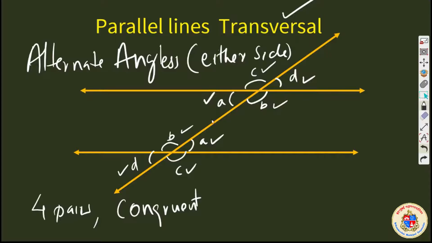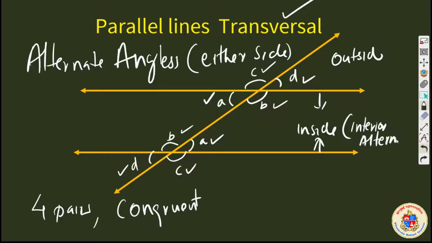Please notice that among these, A and B, I have marked inside the parallel lines. This one is outside the parallel lines. So the ones which are inside are called interior alternate angles, and the ones outside are exterior alternate angles.